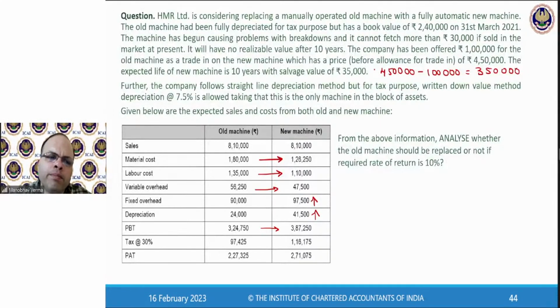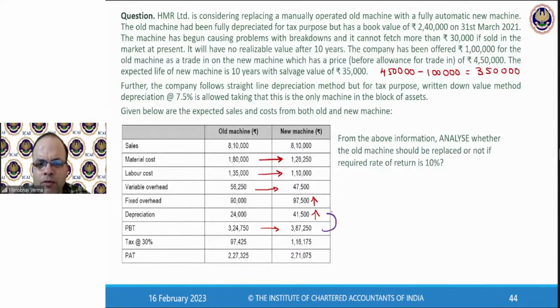Also, we are looking at a profit before tax of 324 and 387 given to us. Now, if that is the case, what will be the profit before tax and depreciation, guys? They've given the profit before tax.